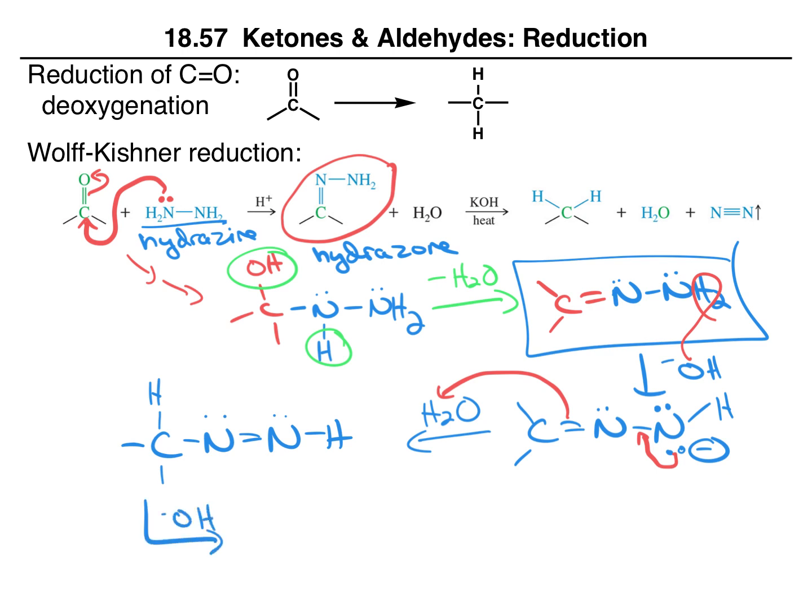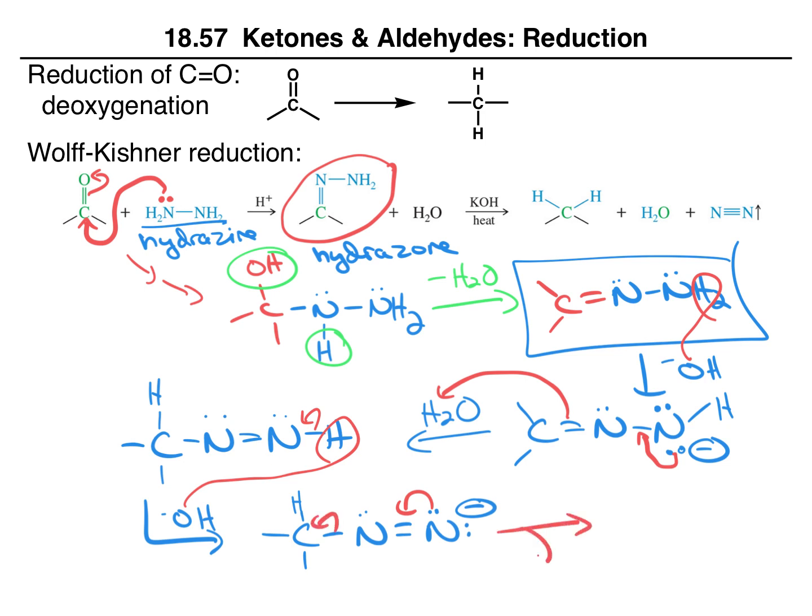Another equivalent of base can grab off this proton, putting these electrons onto the nitrogen. And now nitrogen gas is given off, giving us this intermediate, and then grabbing a proton from water gives us our final product.